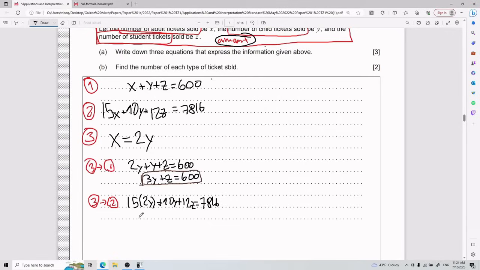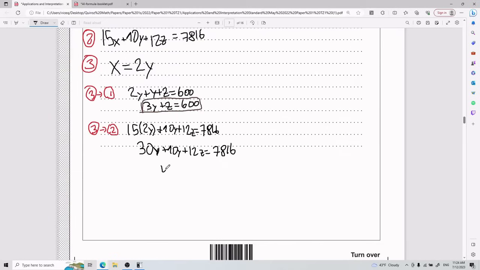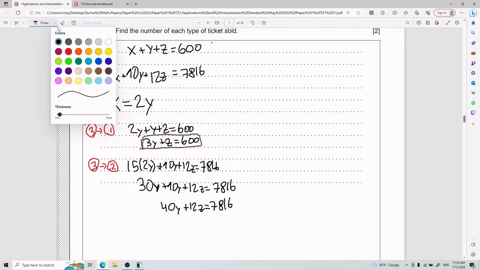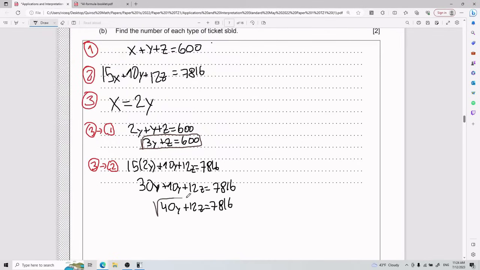So if you're feeling lost and confused, just hang in there. So 15 times 2 gives me 30y plus 10y plus 12z equals that nasty number. I combine like terms, I end up with 40y plus 12z equals 7,860. So this is the second thing I end up with.